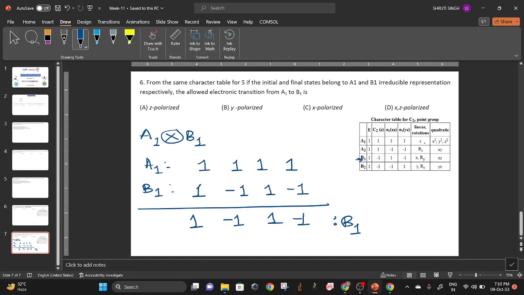We have to see the linear terms, the first-degree terms like X, Y, and Z. So it is associated with X. X gets transformed according to B1. So the answer to this question is X polarized. This is the correct answer.